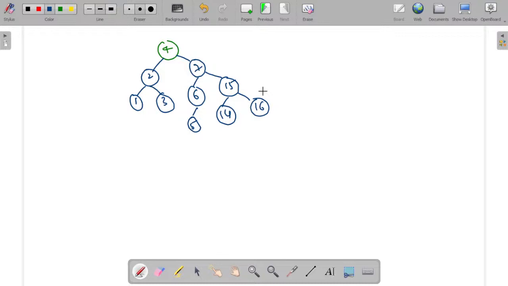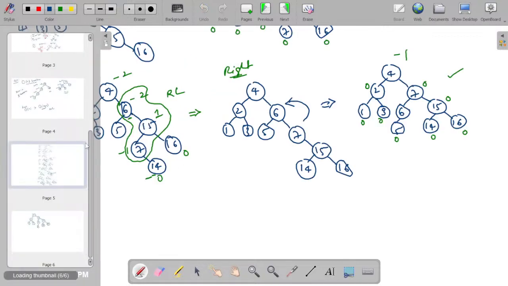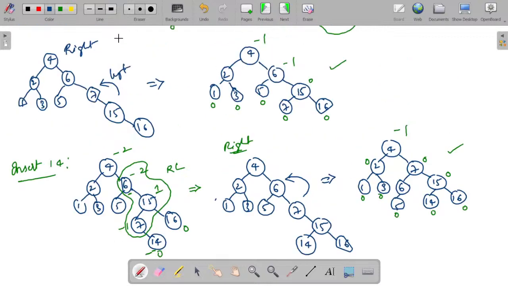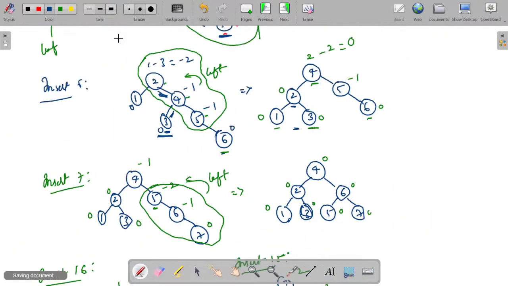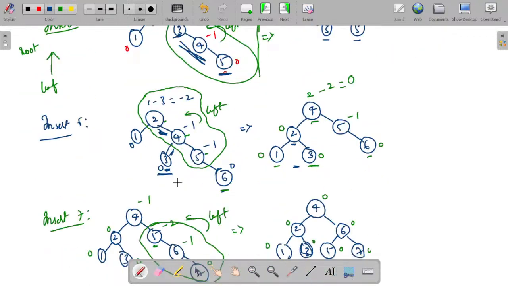How 4 has become a root node? I believe you understood how 4 has become a root node. So 4 has become a root node when we inserted 6 into the tree, right? So here if you see, let me just scroll that. So in this step 4 has become root node, and from here on 4 has become a root node and it just keeps going, right?